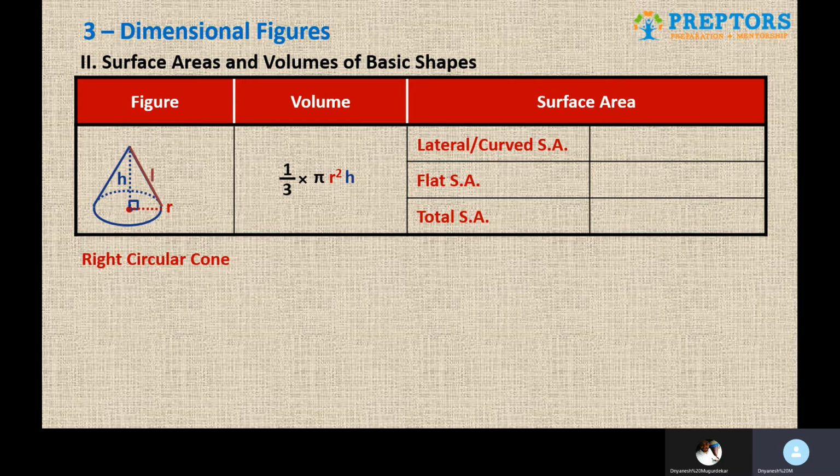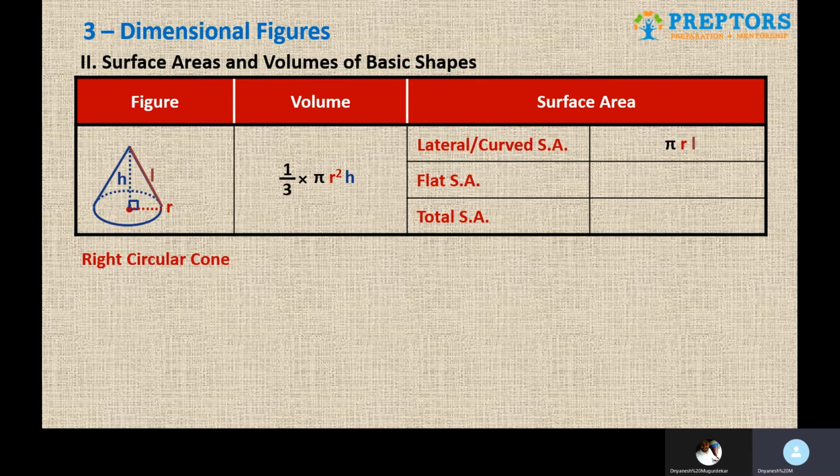Surface area, curved surface area or lateral surface area for that matter. If you remember, I had asked you to remember a generic formula specifically for a pyramid's lateral or curved surface area, which was semi perimeter of the base into slant height. So here the base is a circle, the circle's perimeter is the circumference which is 2 pi r, but we need the semi perimeter, so it will be pi r into slant height which is L. So hence curved surface area is pi r L. This is the reason behind that.